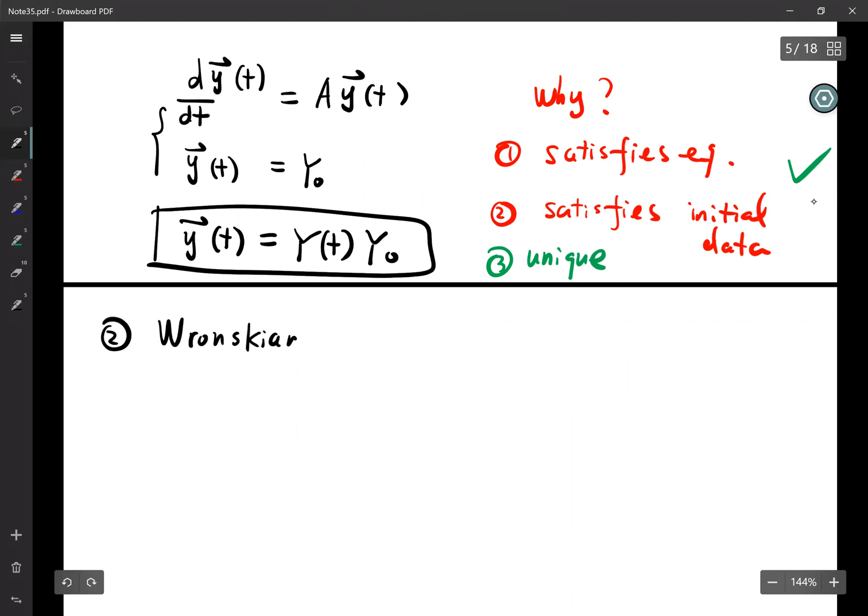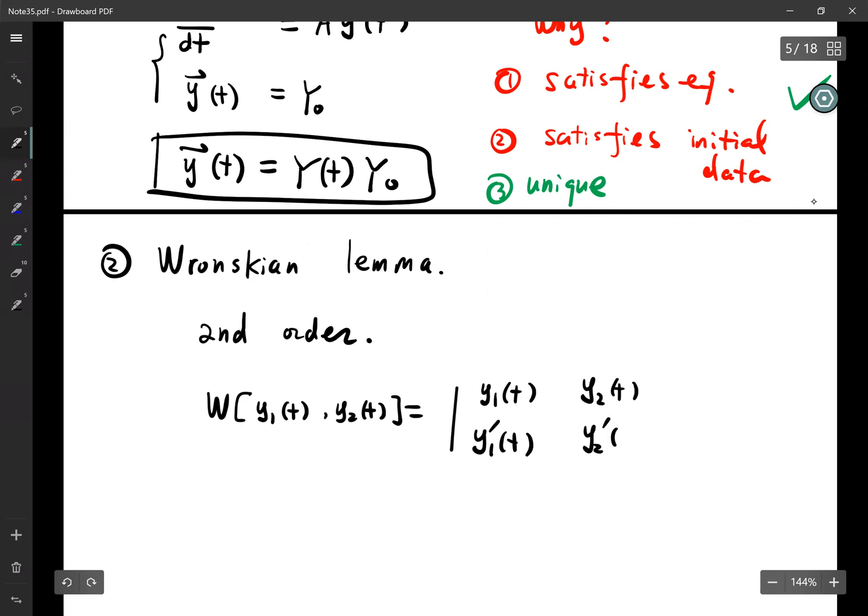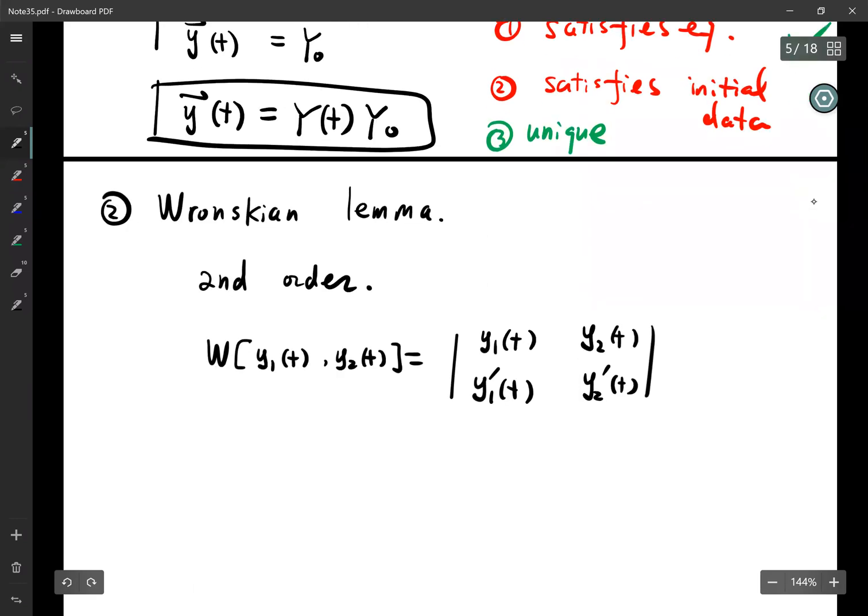We recall that the Wronski lemma basically says, for a second order equation, that W(y1(t), y2(t)) is the determinant of the matrix with rows y1(t), y1 prime(t) and y2(t), y2 prime(t).